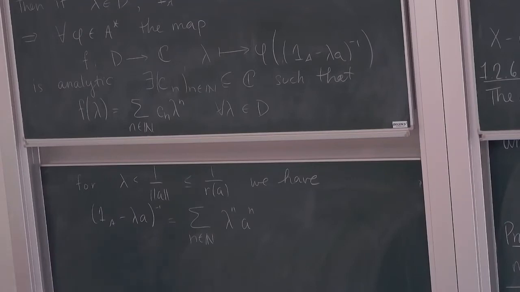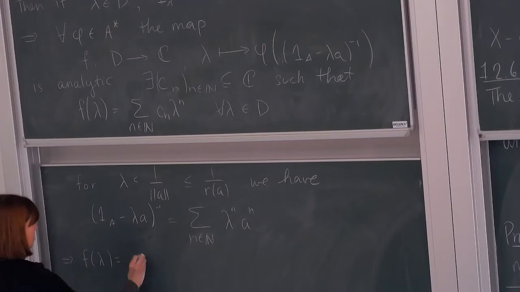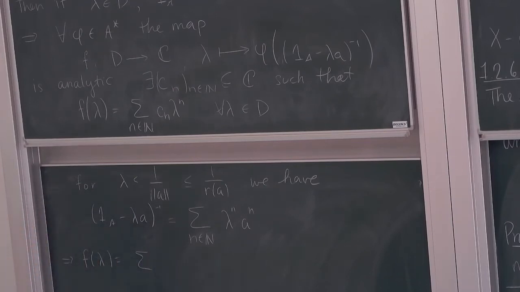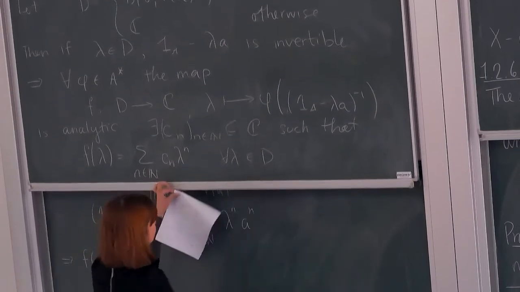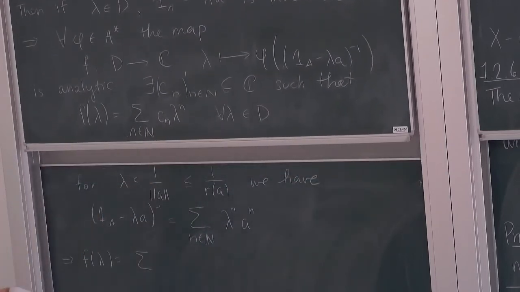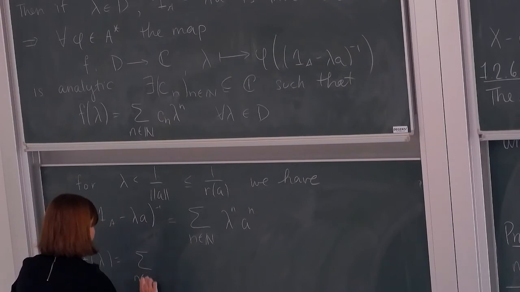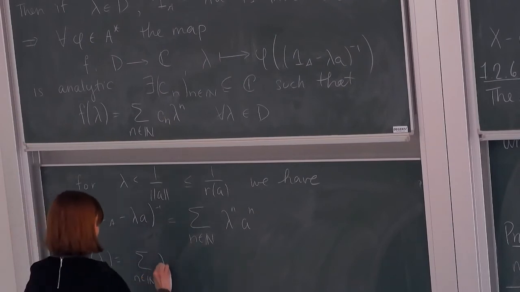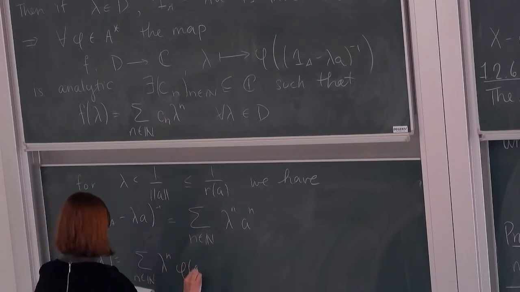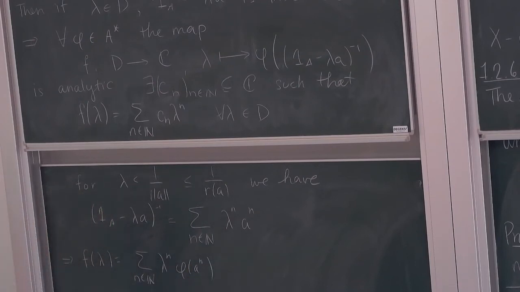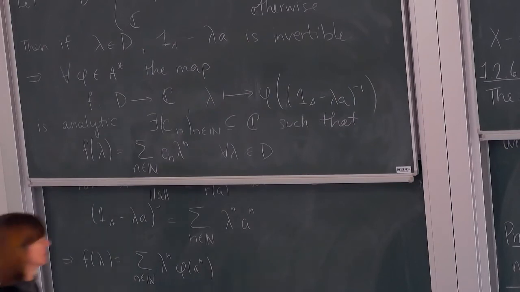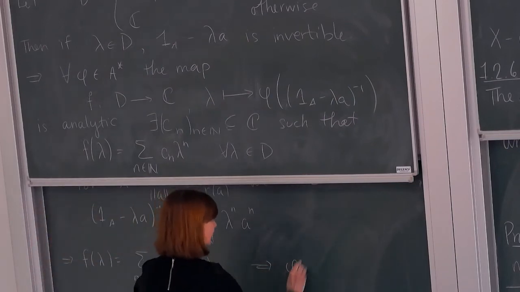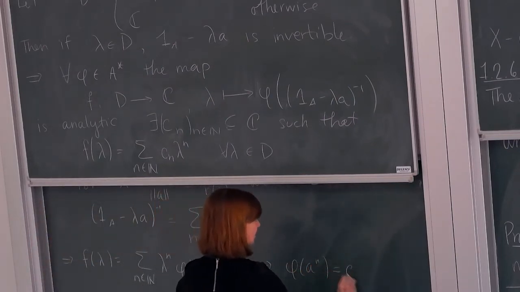So what is f of lambda defined here? That tells us that this is just the sum of lambda^n phi(A^n). And comparing this with what we know from it being analytic, this implies that phi(A^n) is c_n.